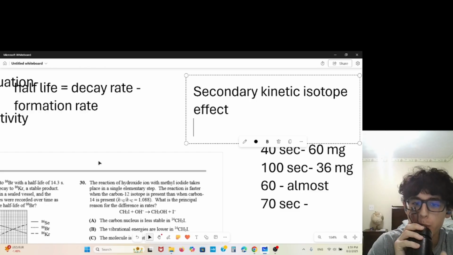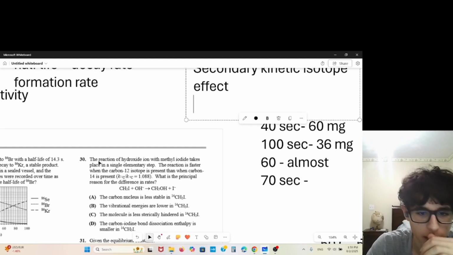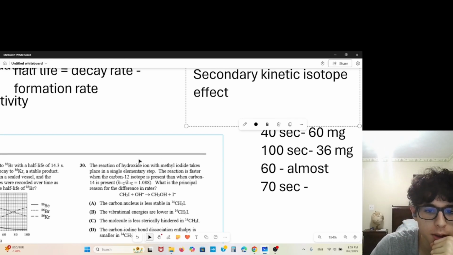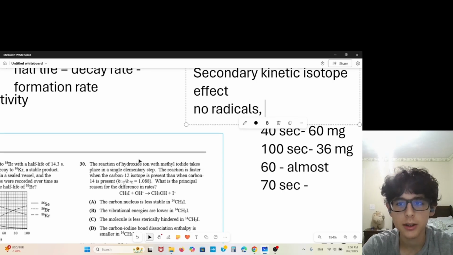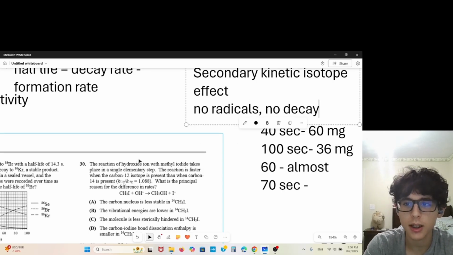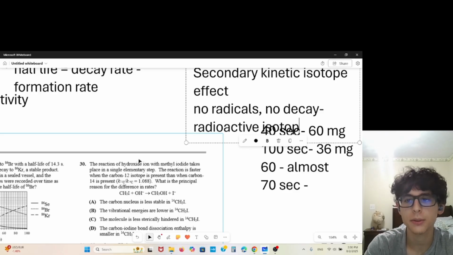Now, carbon 14, carbon 12. Carbon nucleus not stable? There aren't radicals here. There isn't any decay. It's not like radioactive isotopes going on here. There's a negligible difference in stability.